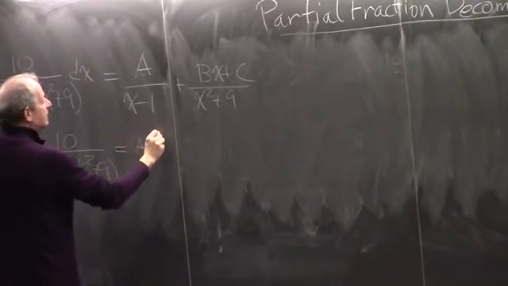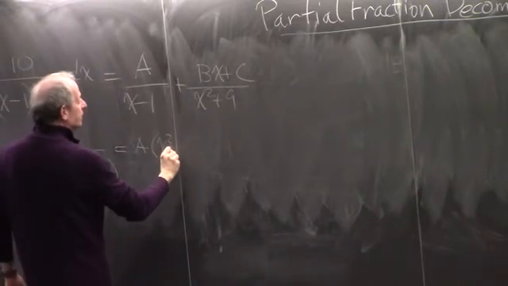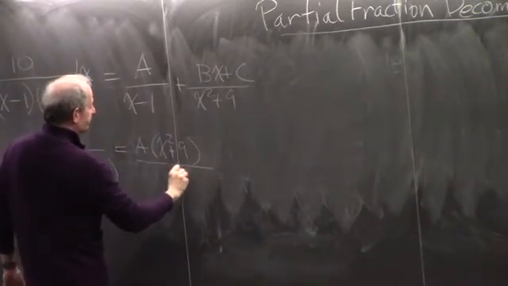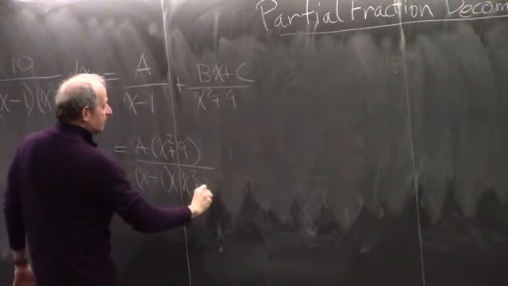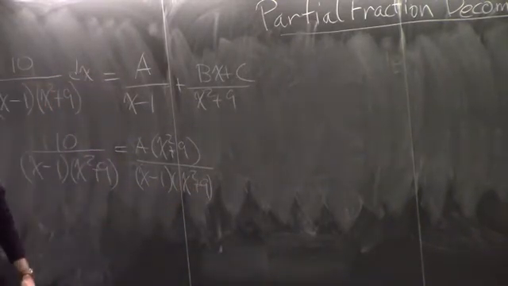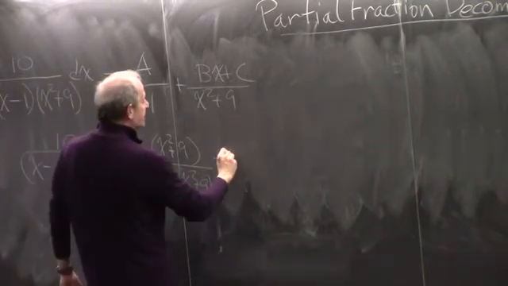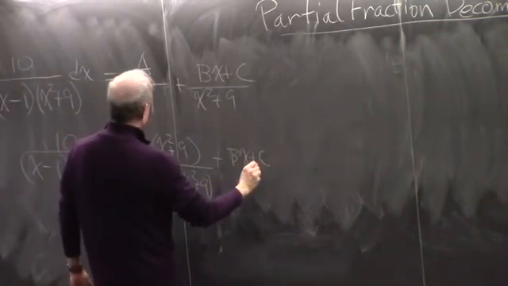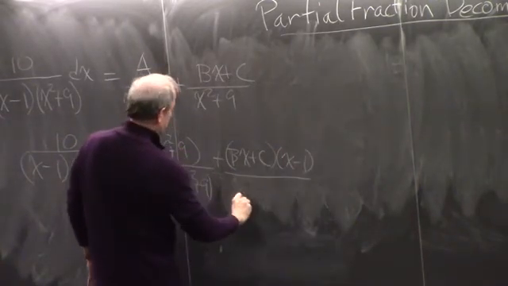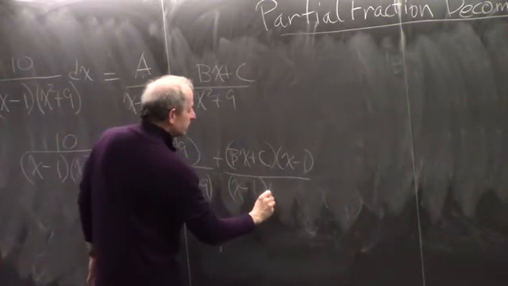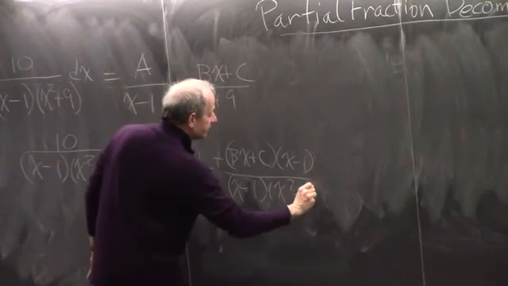Equals a multiplied by x squared plus 9, plus bx plus c times x minus 1, over x minus 1 times x squared plus 9.